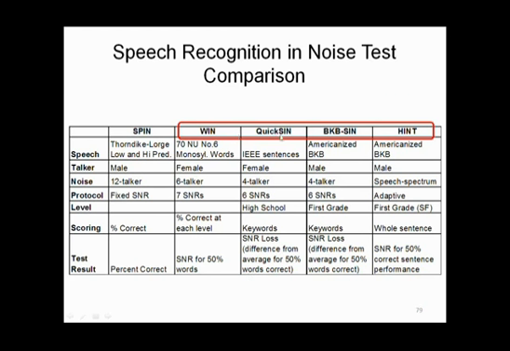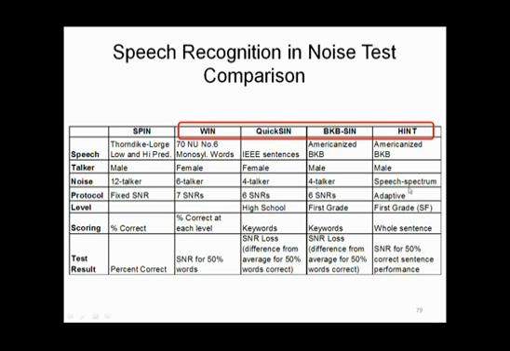So this is the WIN, the QuickSIN, the BKB-SIN, and the HINT. And then you could tell that these materials are very different. Speech spectrum noise over here, 4-talker babble. So if you're listening to somebody speak and there's 4 other people around, that can prove to be challenging. But you know what?